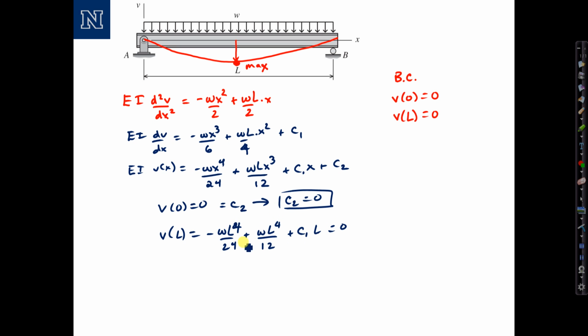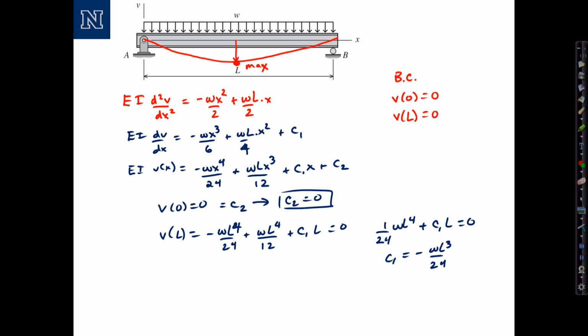Okay, let's combine these two terms. A negative 1/24 plus 1/12 gives us 1/24 wL to the 4th plus C1 L equals 0. Therefore, C1 equals negative wL cubed over 24.